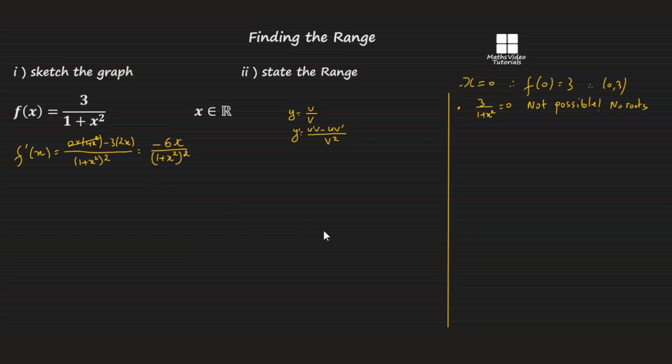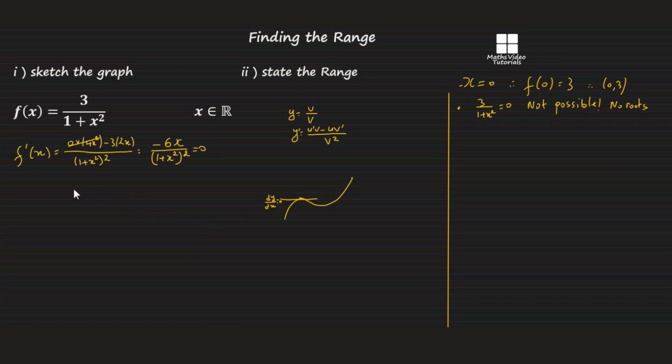If you have a turning point, let's say this curve like so, with this turning point here, which is a maximum, the tangent at that point has a gradient, dy with respect to dx, equal to 0. So to locate the turning point, we need to make the derivative equal to 0.